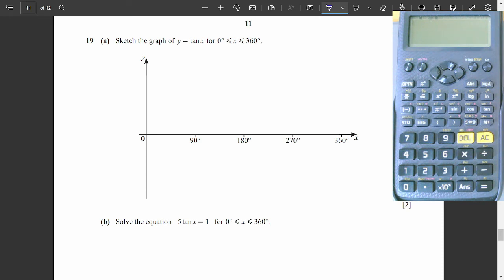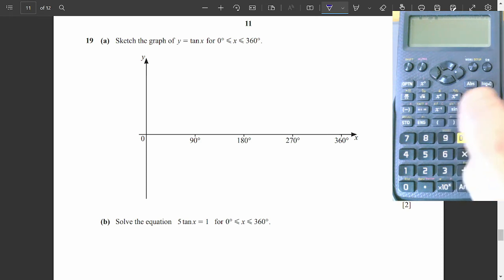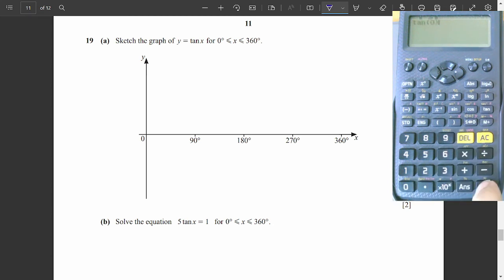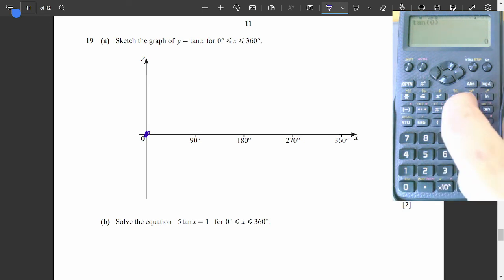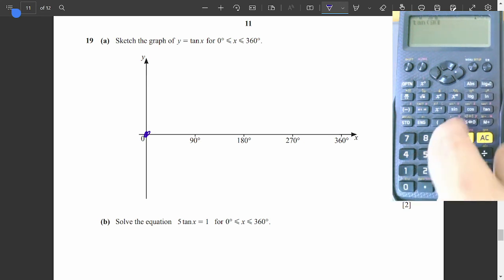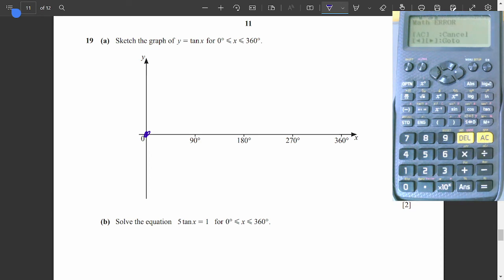So if we want to know where it crosses the y-axis, we just put in tan 0, and we get 0, so we know the graph starts there at 0. Let's see what happens at 90 degrees. Slot in tan 90, and you get the error message. That means this graph never crosses 90 degrees, so it's an asymptote.